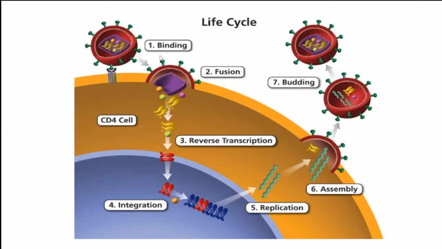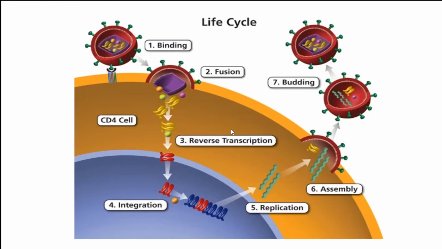It will firstly bind to the cell, and as we said before, it binds mainly to T helper cells. And it will bind to CD4 receptors, which are located on the cell, using its attachment proteins, and then it's able to fuse with the cell surface membrane.